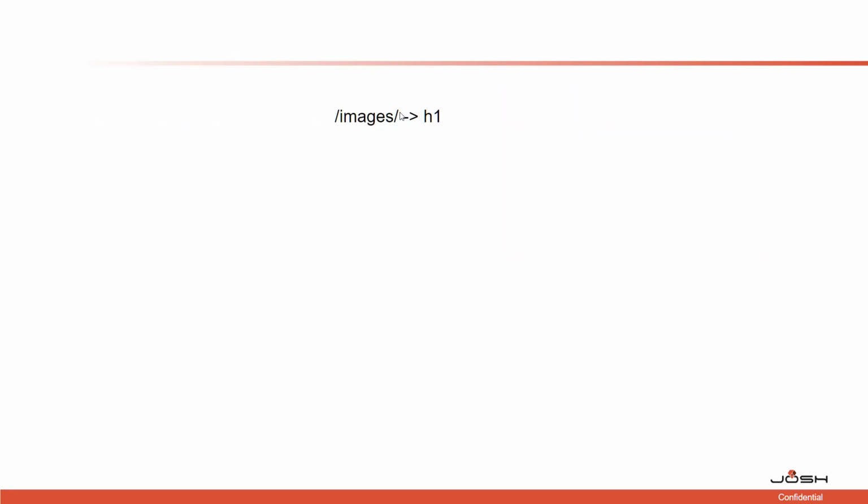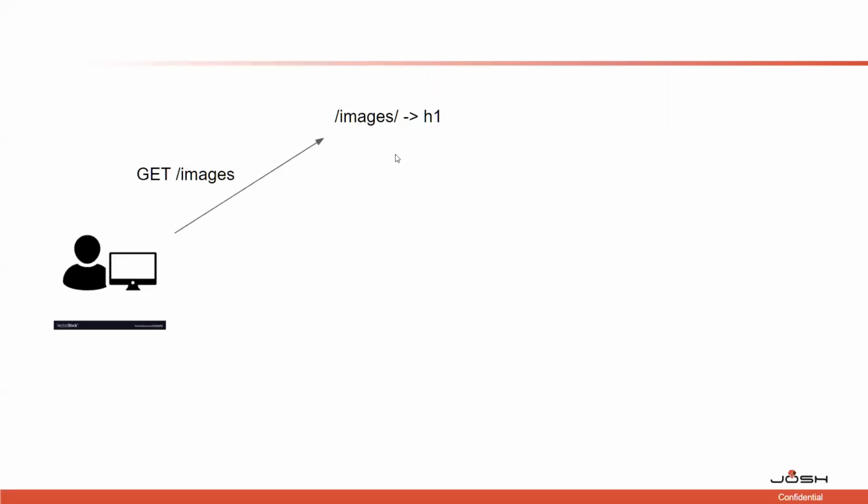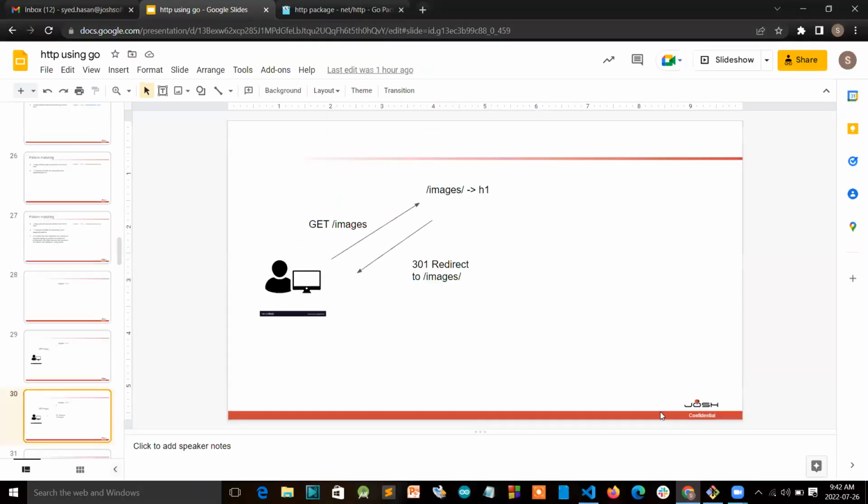We have registered images slash with a handler h1. Now, a client calls get images without a slash. So this is what our serve mux will do. It will send a redirect saying you have to go to images slash and not images.